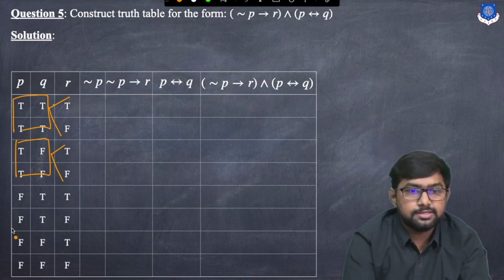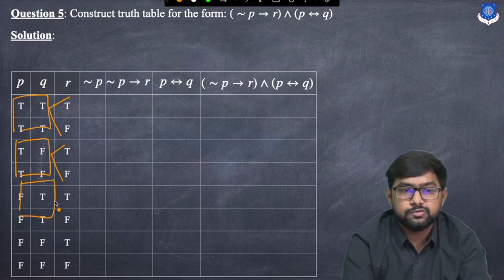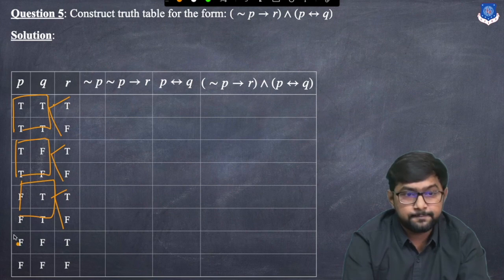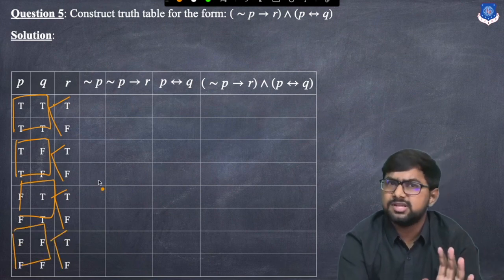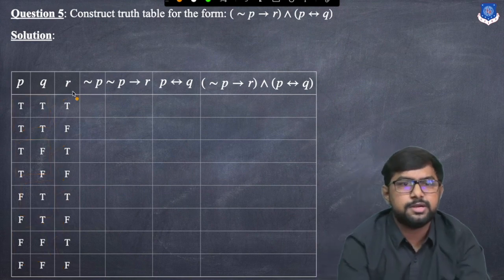Then fix F and T, so we will have T and F, and last fix FF, so we will have either T or F. This is how you can create these possibilities.